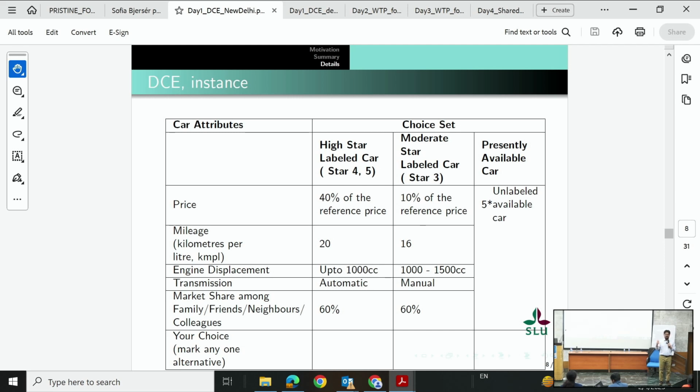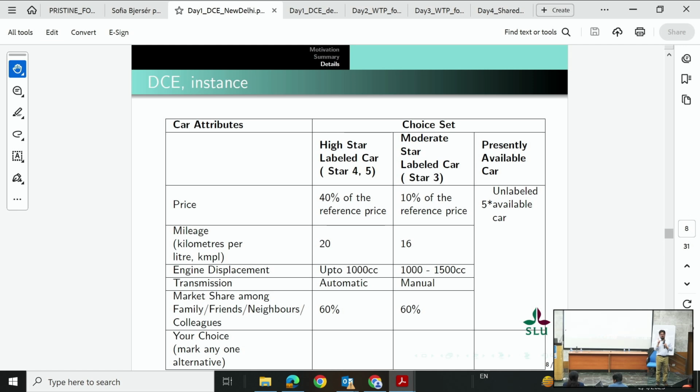How many rupees you are willing to pay for this car or this label. That's why we get the reference price, right? You have reference price plus reference price times 10%. That is one important clarification.